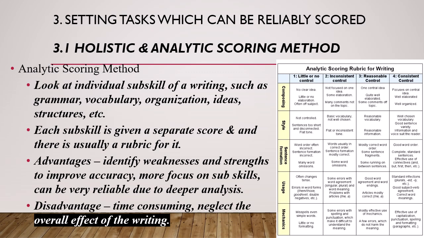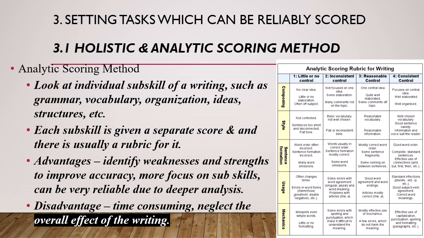But there are also some disadvantages as well. Time consuming is the main disadvantage here, and the other main disadvantage is the fact that we actually neglect the overall effect of the writing. So instead of looking at the production of the writing, we focus too much on the process, right?